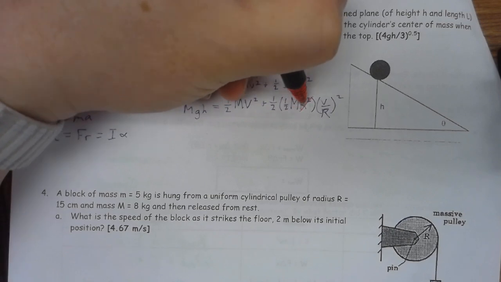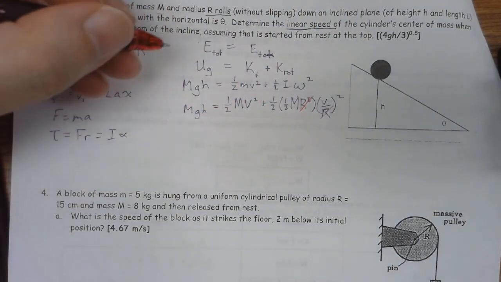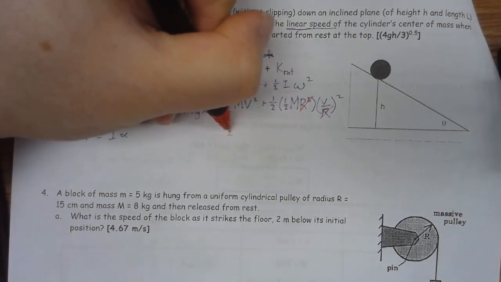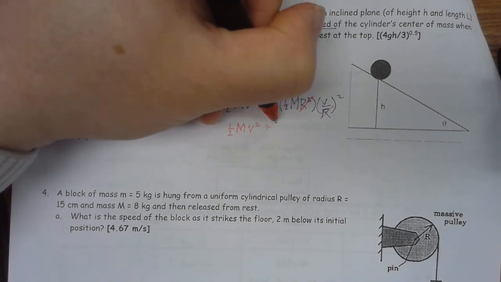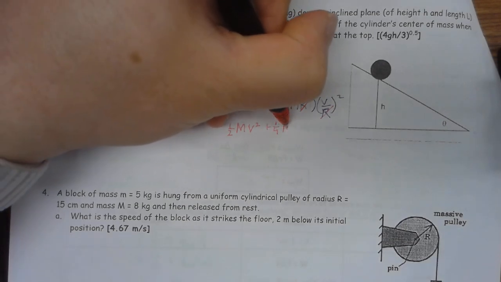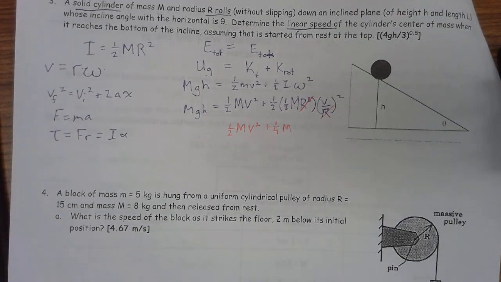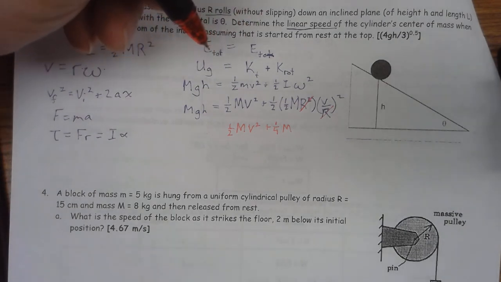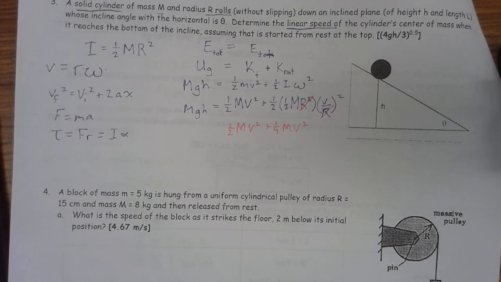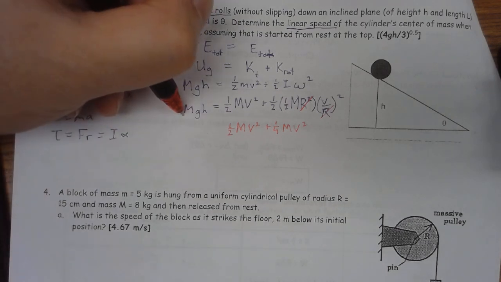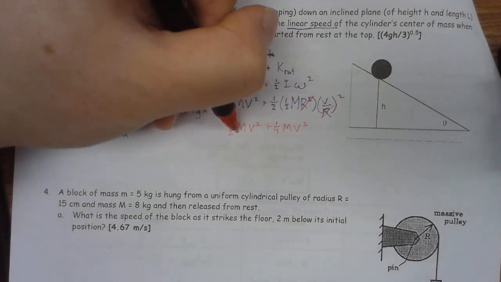The r's cancel. A lot of times your r's cancel. This is 1/2 big M v squared plus 1/4 m v squared. What was the question? Would the m's cancel out? Yeah, you're not wrong on saying that.